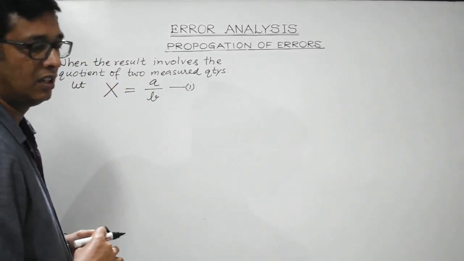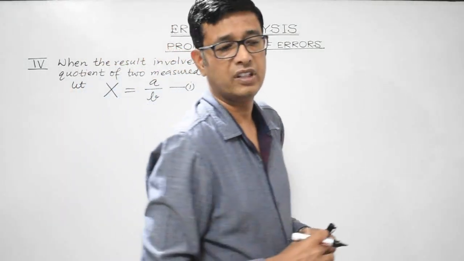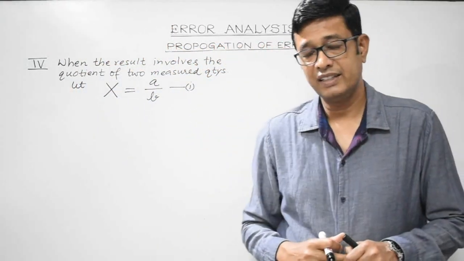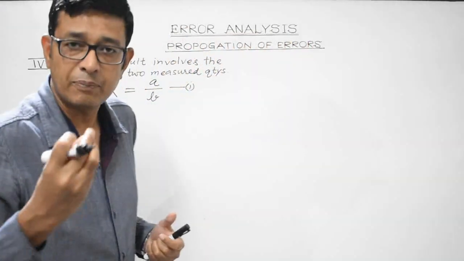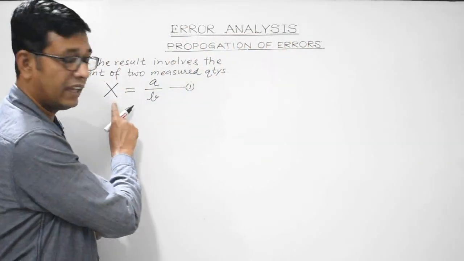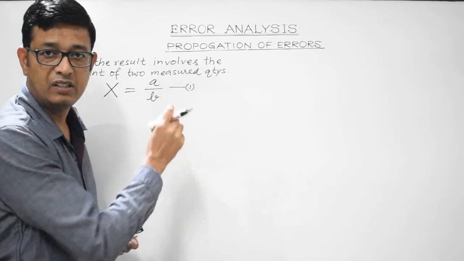x is the result. Now students, as we have discussed already, let del x, del a and del b be the absolute errors in the measurement of x, a and b respectively.